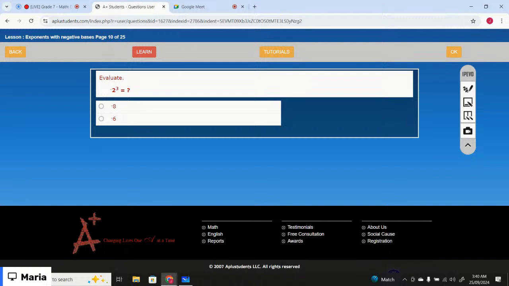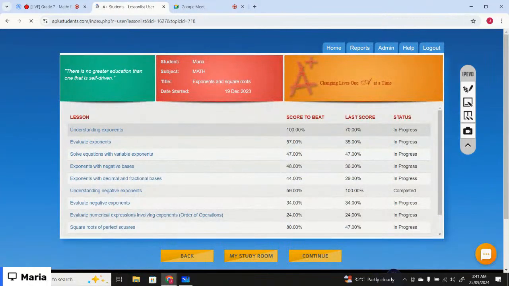So we were working on grade 7 math. The chapter we were working on is exponents and square roots, right?